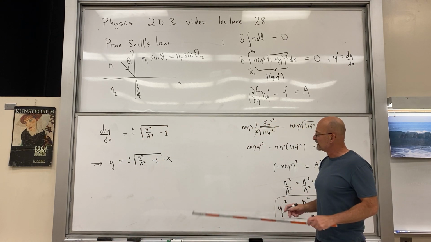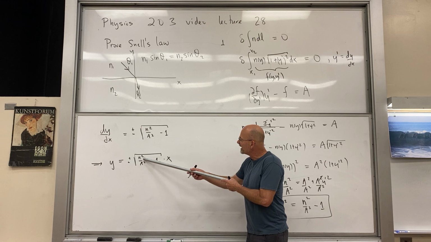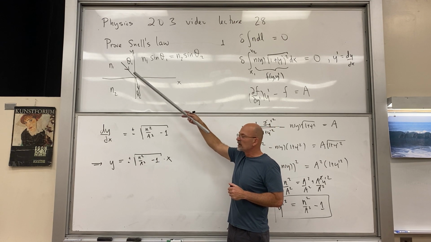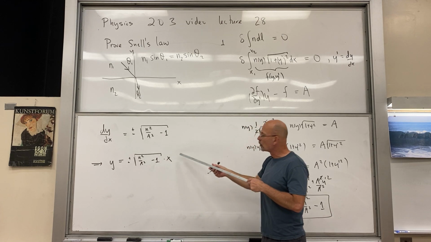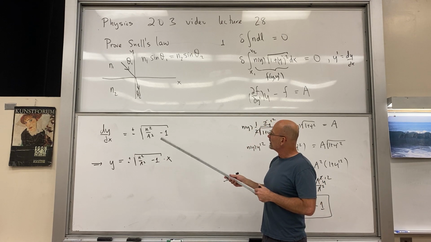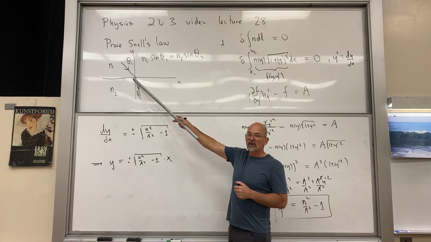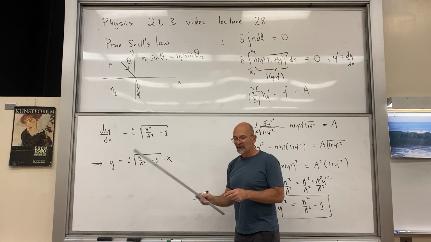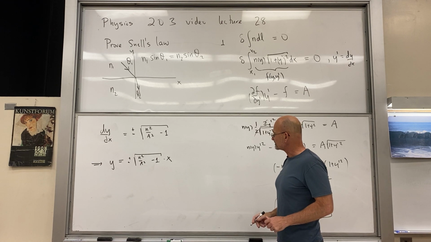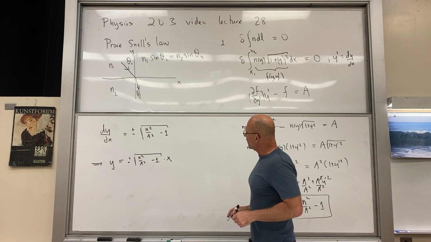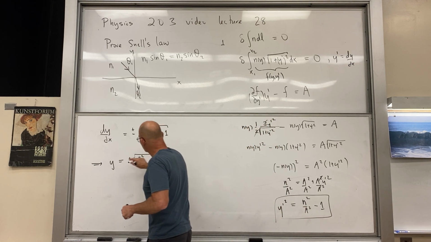It's just that this value n has different values depending upon whether y is positive or negative. I've even thrown away a constant, so you could say my y of x goes through the origin, just the way I've shown it right here. Good, so let's hold on to this now.